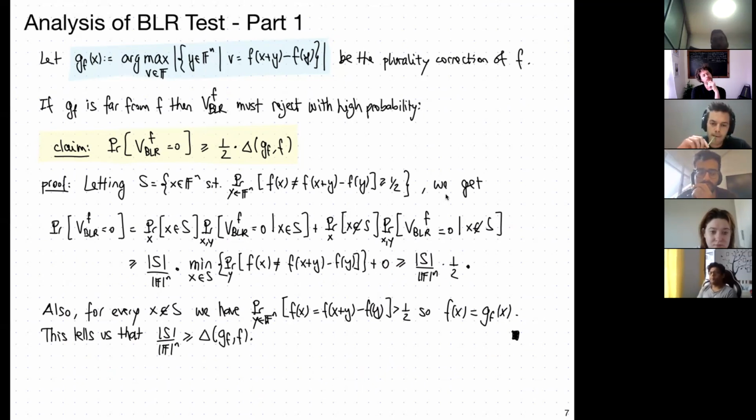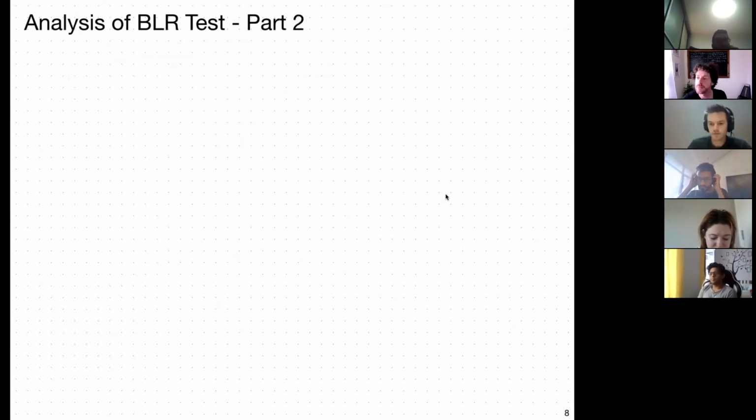I think it might be an inequality, but let me think about it and get back to you offline just to make sure. I think it might be an inequality because you can still have an X in S where you still agree with F. Like F may not be the majority, like the gross equals a half, but it still could be a majority.